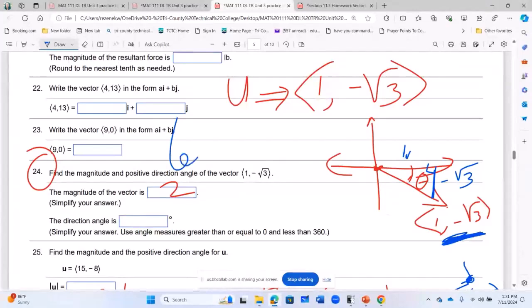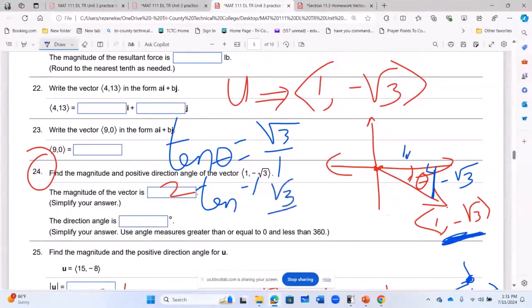Tangent theta is opposite over adjacent. I'm going to omit the negative here. Root 3 over 1. So now I'll find tan inverse of root 3 over 1.